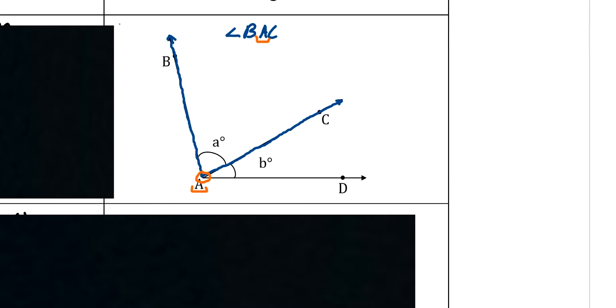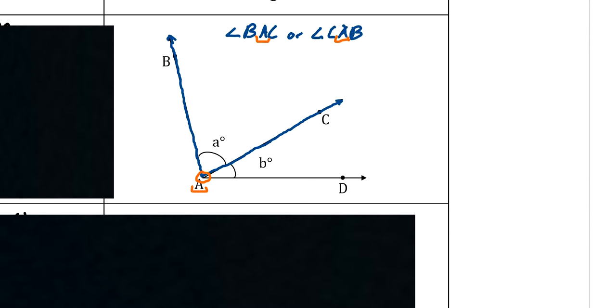So I could put angle BAC, or I could write this as angle CAB. It doesn't matter about the endpoints, whether B goes first or last, or same with C, but it does matter that the vertex is the middle letter. So the vertex is the point where the 2 rays meet in an angle.